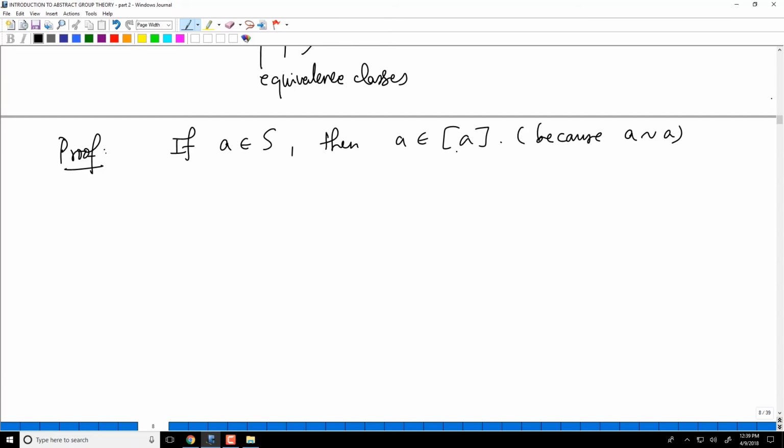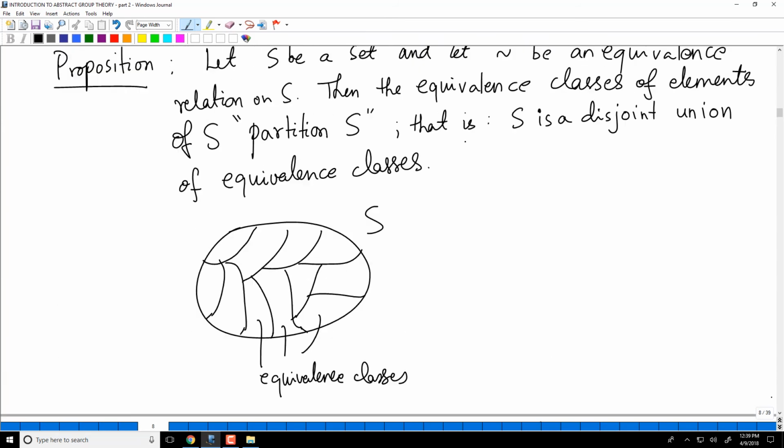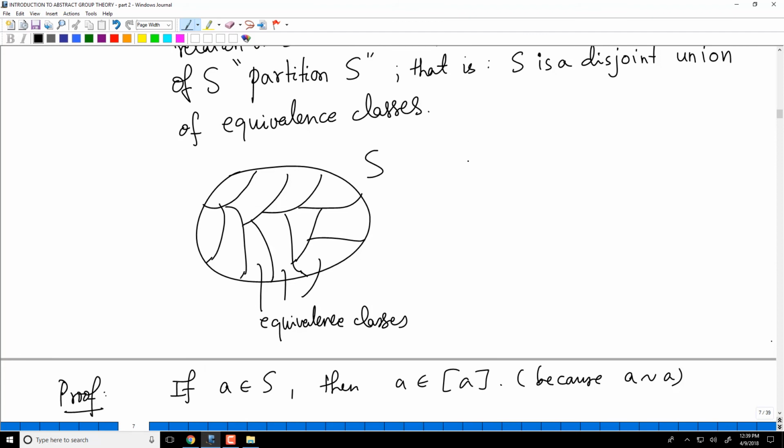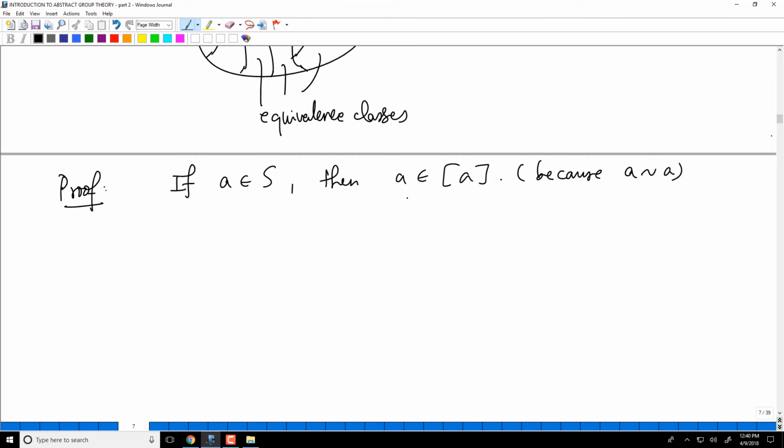The equivalence class of an element is all elements in the set S such that B is related to A. So A is related to A, so A is in the equivalence class of A. So certainly S is a union of equivalence classes, correct? If you take all equivalence classes and you take their union, you get S, because every element of S is in an equivalence class. Certainly equivalence classes are all subsets of S.